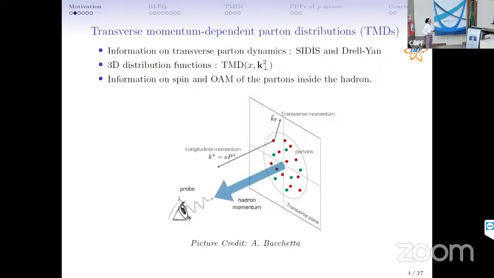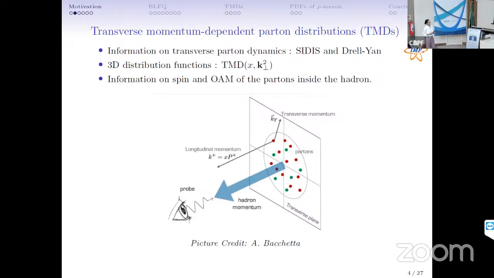We are interested in studying the quark and parton dynamics in hadrons in momentum space, so we would like to study the transverse momentum distribution functions. These distribution functions provide information on the transverse parton dynamics and are convoluted in the cross sections of SIDIS and Drell-Yan processes.